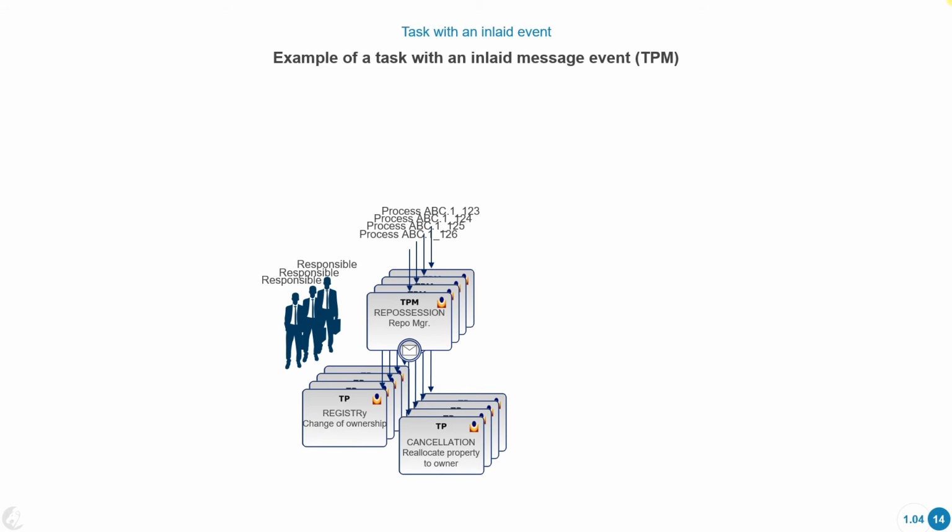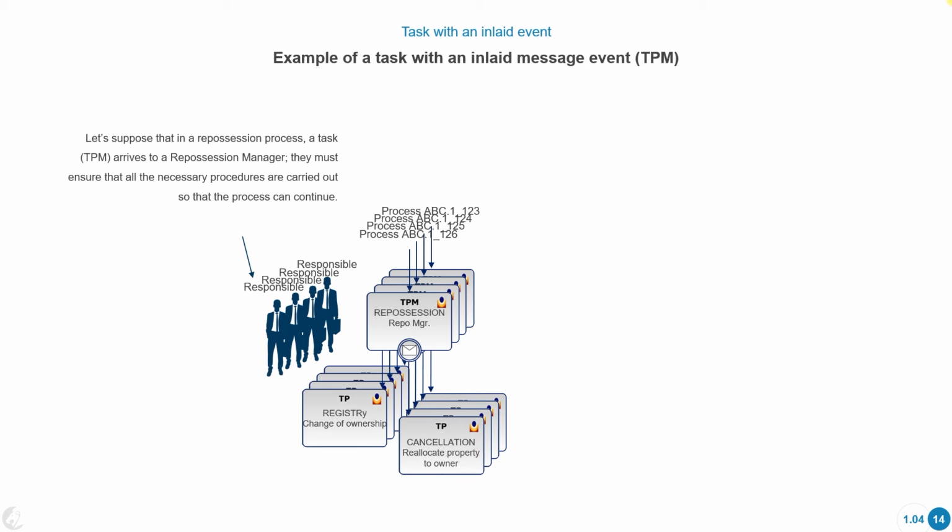Here we have an example of a task with an inlaid message event. Okay, just what I just mentioned, but with a graphical representation. So let's suppose that in a repossession process, a task arrives to a repossession manager. They must ensure that all the necessary procedures are carried out so that the process can continue.